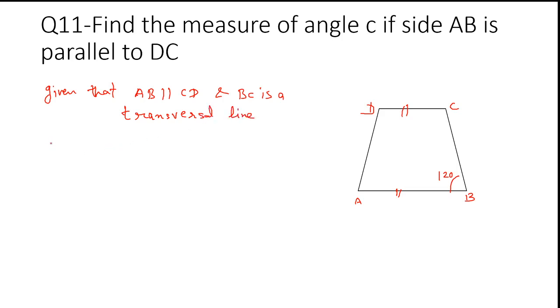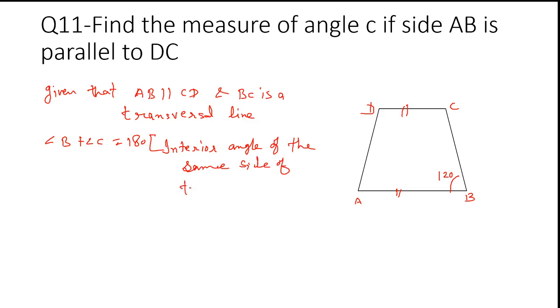So we can say that angle B plus angle C is equal to 180 degrees, by the property that interior angles on the same side of the transversal are supplementary.